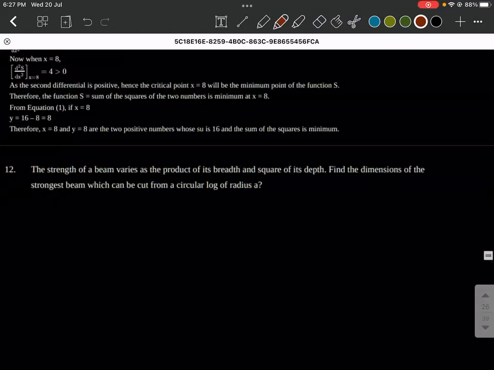The strength of a beam varies as a product of its breadth and square of its depth. Find the dimensions of the strongest beam which can be cut from a circular log of radius a. How to do this?